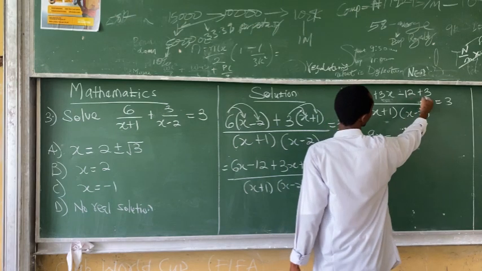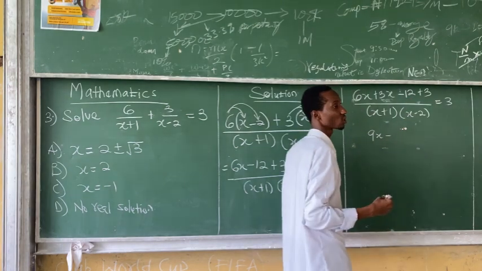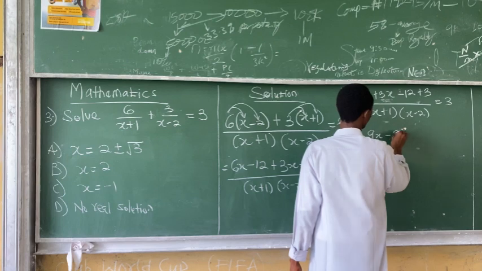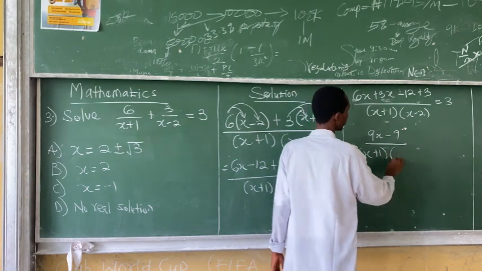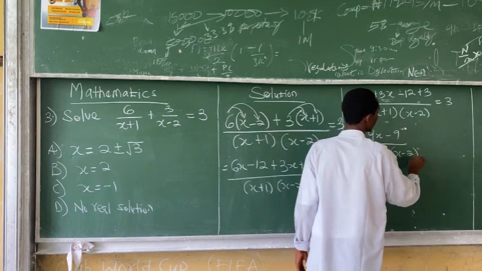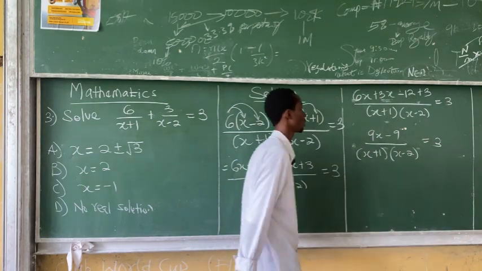Minus 12 plus 3 will give us what? Minus 9. All over x plus 1 into x minus 2 is equal to 3.